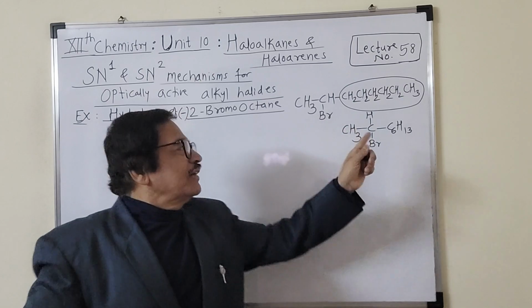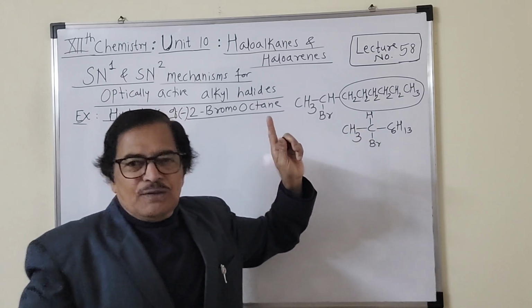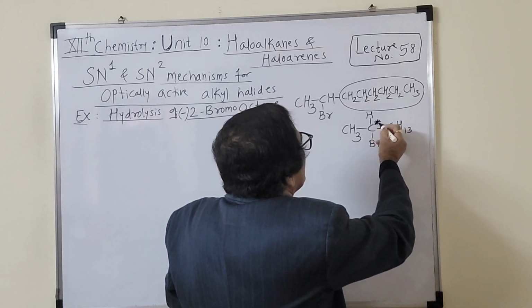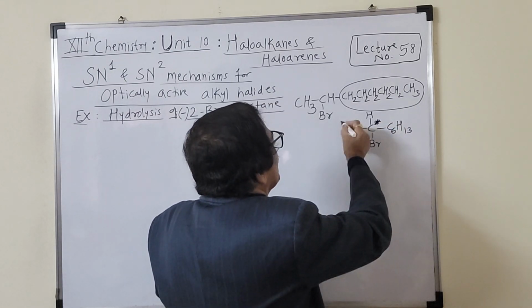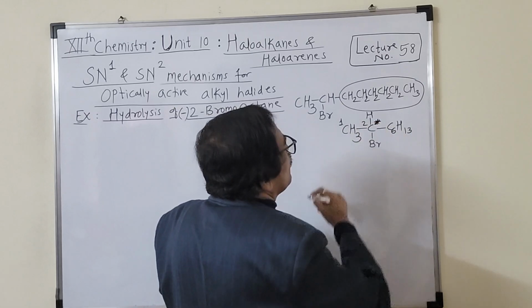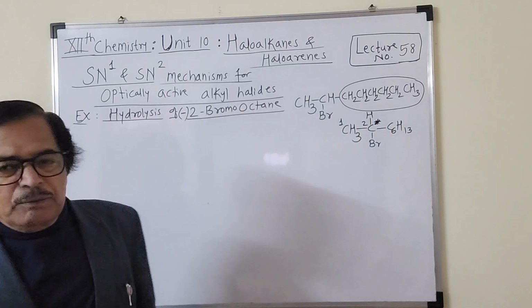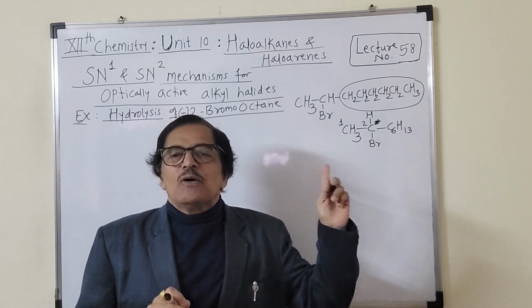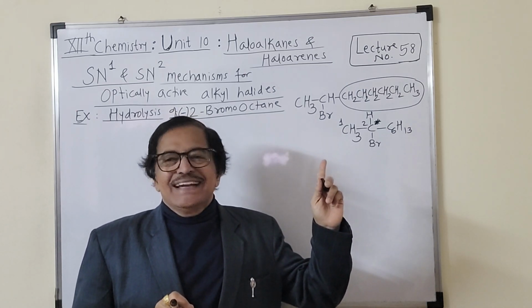Do you understand why I am writing like this? So that all four groups are totally different. This is carbon number 1, this is carbon number 2. Carbon number 2 is the chiral carbon. That is why it is optically active, isn't it?